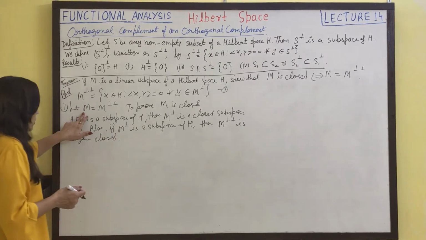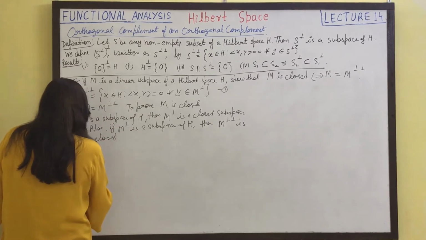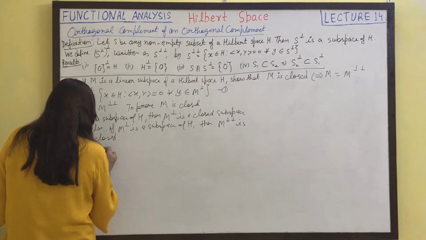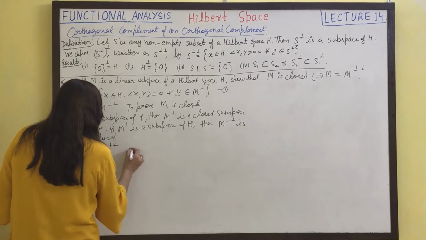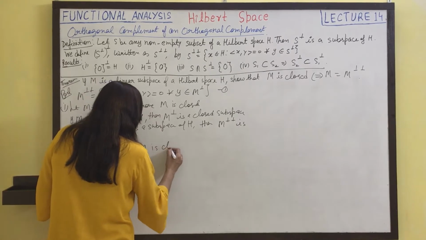But we have assumed that M is equal to M perp perp. Therefore, M is closed.